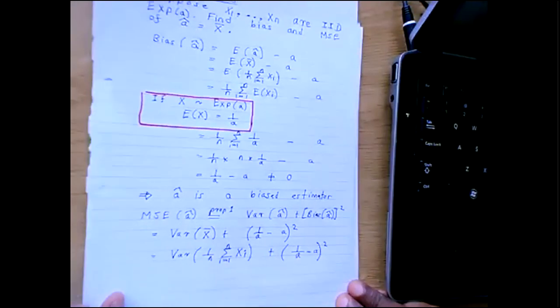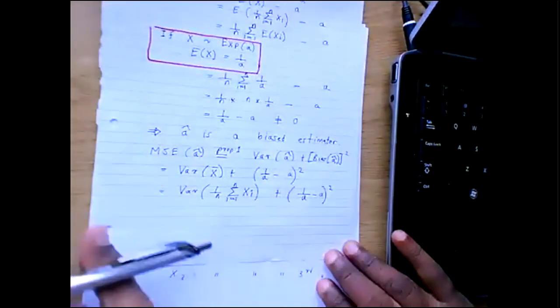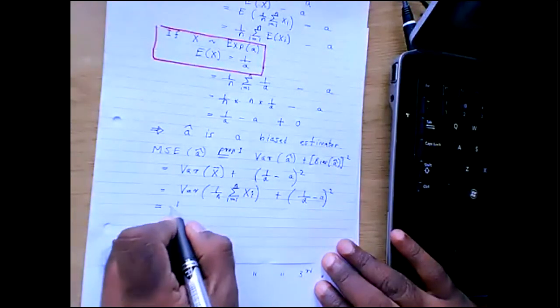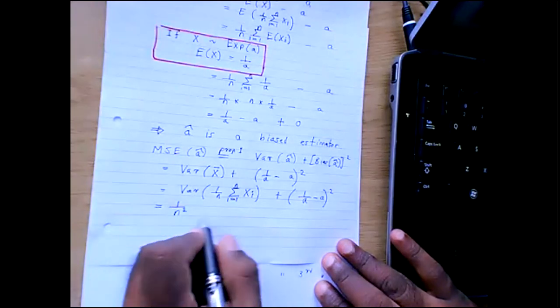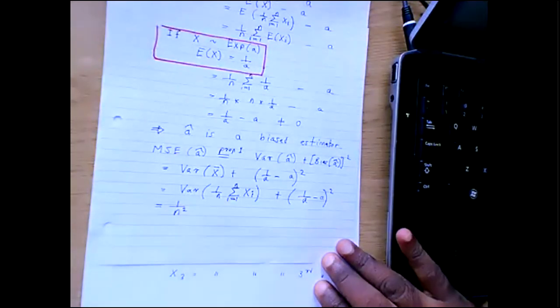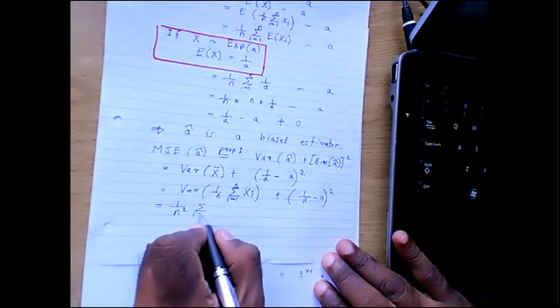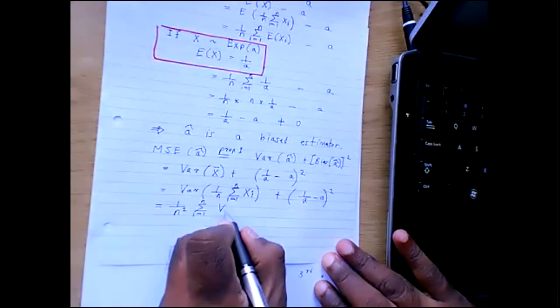Okay, so this becomes the variance of the sample mean, like this, right? Now, if you take the variance inside, guys, you will get 1 over n squared, because when you pull the constant n outside, it becomes n squared times the sum of the variance of xi.